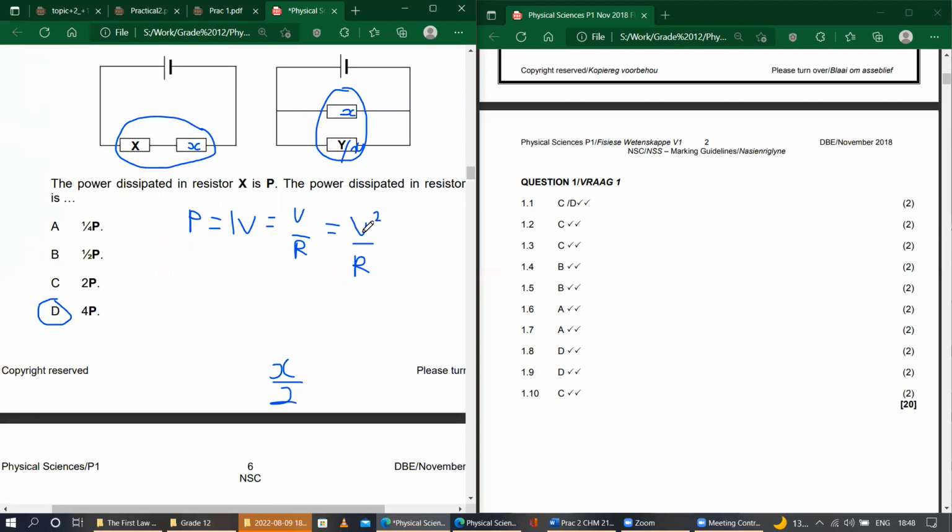But here we can just assume that the voltage is constant. The voltage is going to be constant because the resistors are in parallel. So the amount of volts that this one receives is the amount of volts that this one receives.